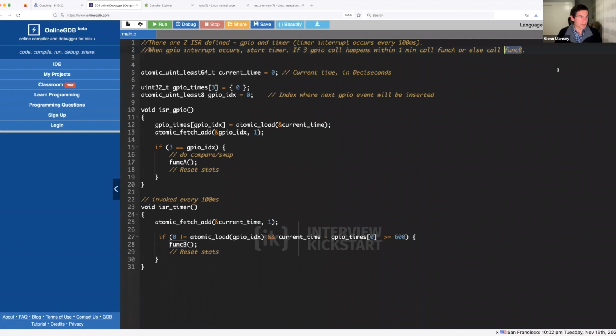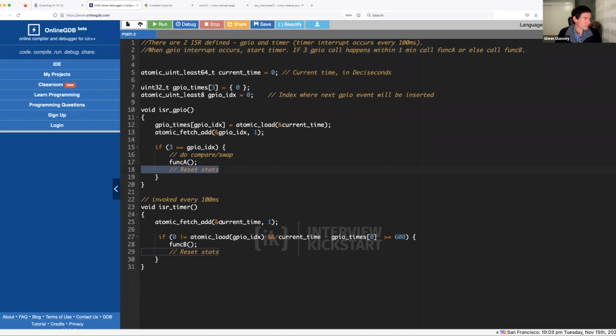This would be the kind of thing that you might want to ask the interviewer, to make sure that you understand that it is a this or that, as opposed to a this and/or that. And as you point out, if this was an and/or, then we would not want to reset the statistics here.